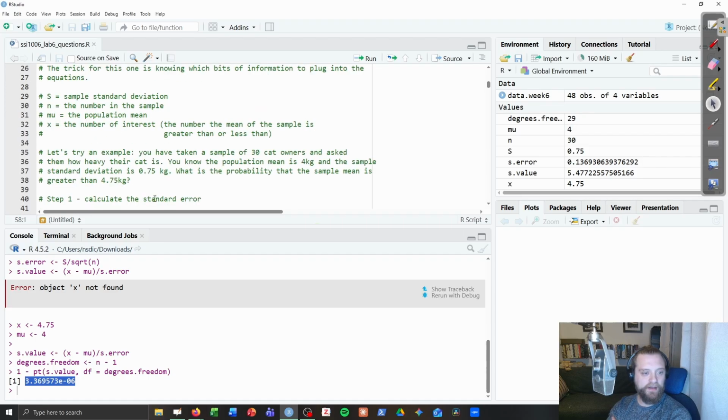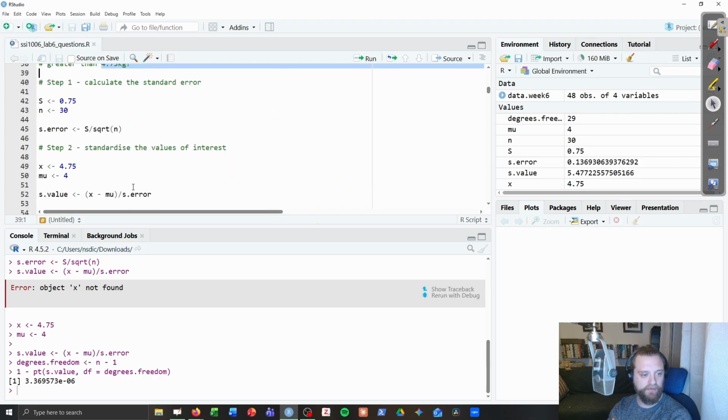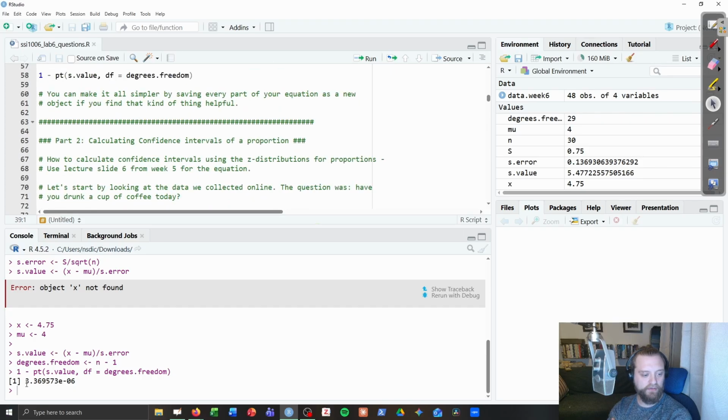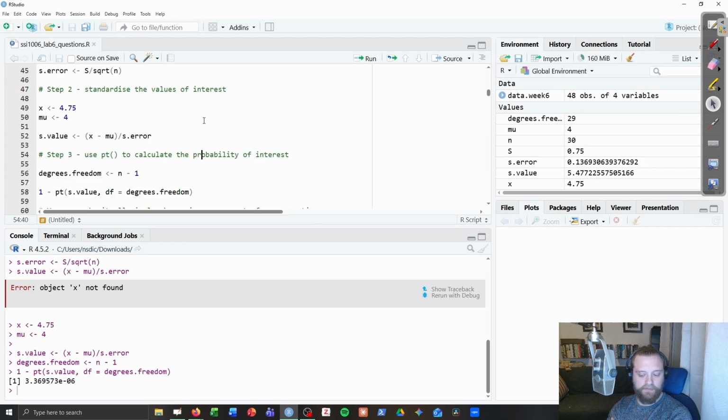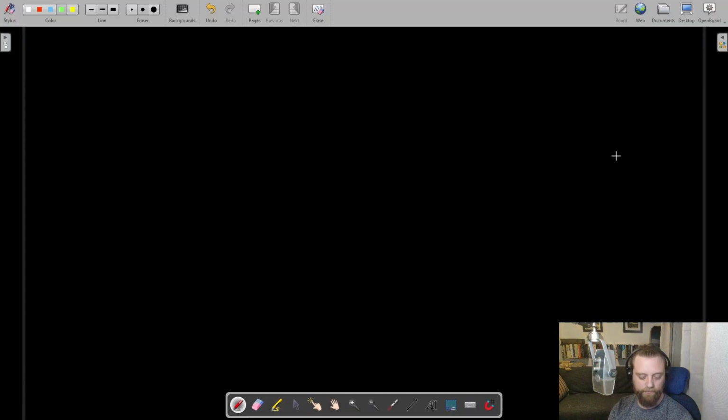What this means then is that the probability that the sample mean is greater than 4.75 is less than 1%. So that might be a little bit difficult to get your head around initially, so let's see what this looks like in graphical form.